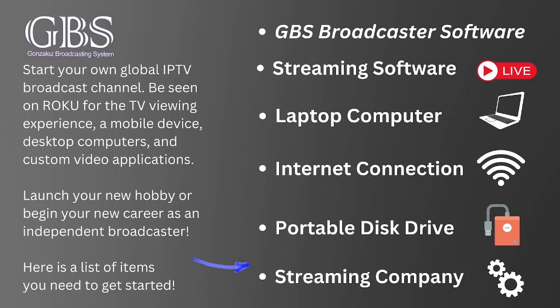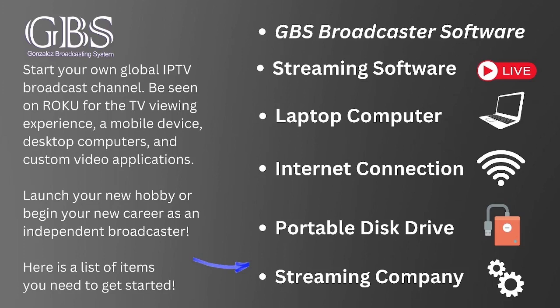It's a hardware device. What it does is take the signal from the computer that's delivered to it from the GBS Broadcaster Software. It turns it into something that can be sent over the internet to a streaming company. And you'll see the streaming company later on in the list of things that you'll need to get started. But let's go in this order.